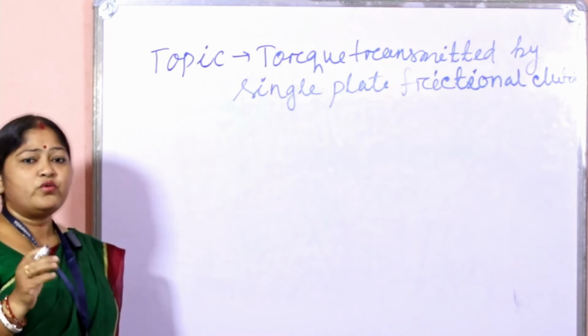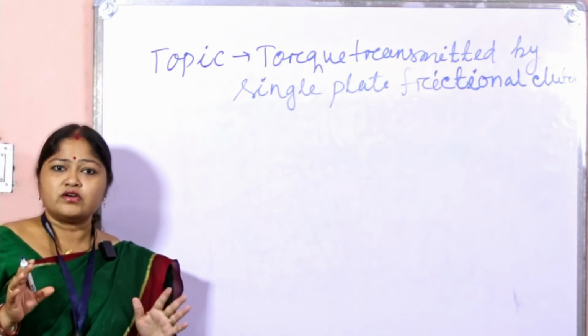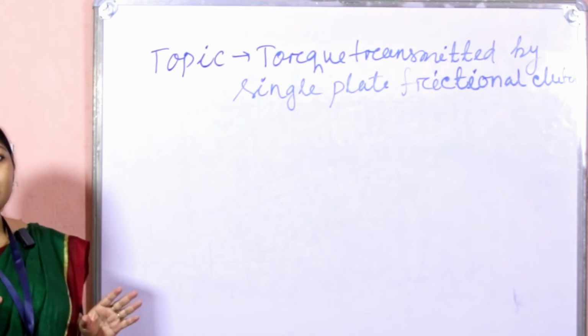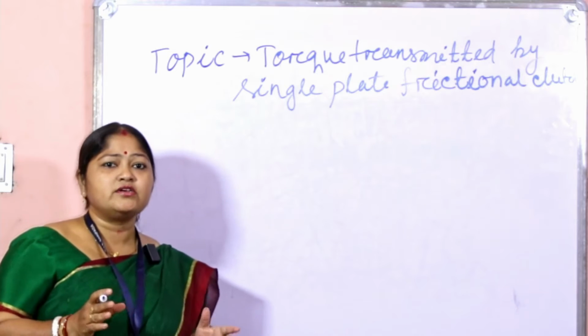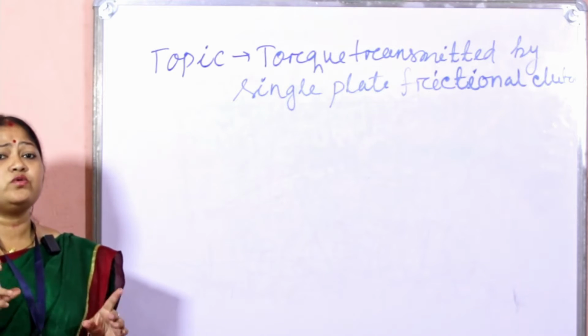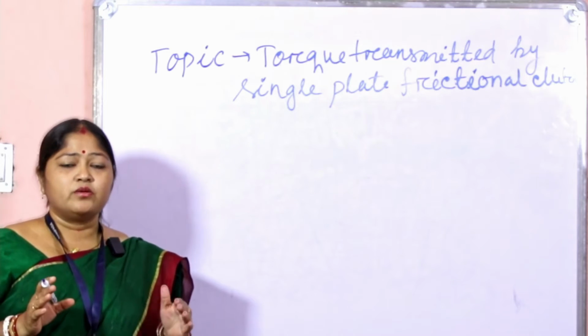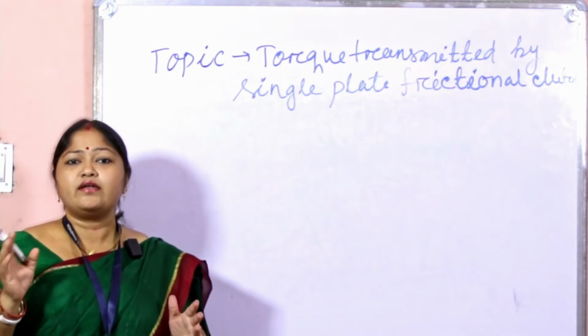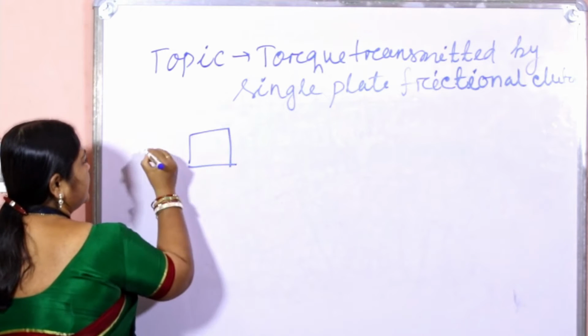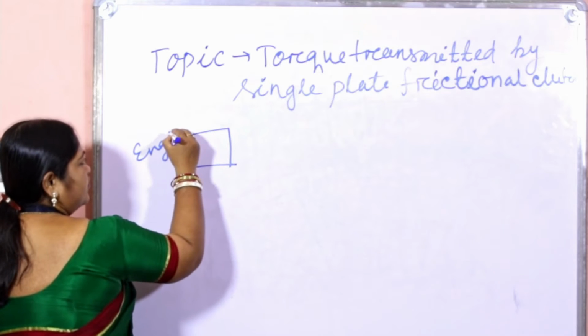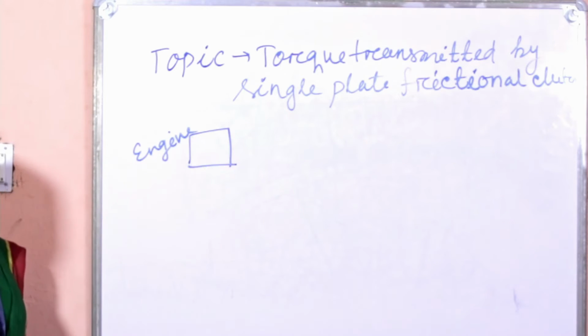First of all, we must know the function of a clutch. A clutch is a mechanical device which engages or disengages the two different parts used for power transmission from a driver shaft to a driven shaft. So what happens in a clutch? There is an engine from which the power is generated.